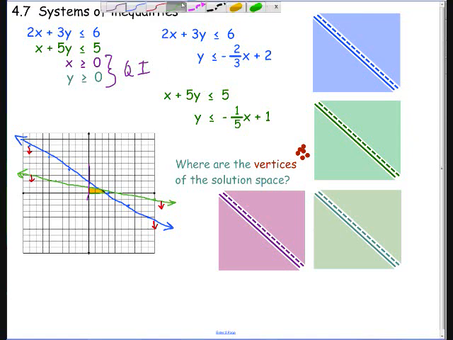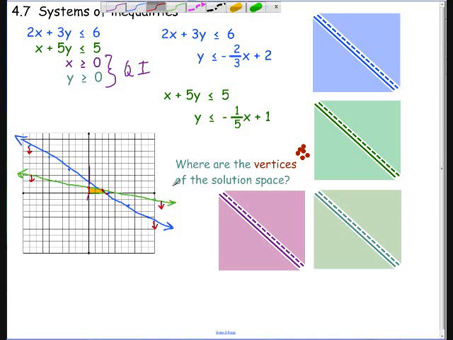Where are our vertices for this solution space? Well, clearly we've got one right here at the origin, and then we've got one at our y-axis and another at our x-axis. So far I've got 3 vertices, and there's one I haven't touched yet, which is right here where these 2 boundary lines come together.